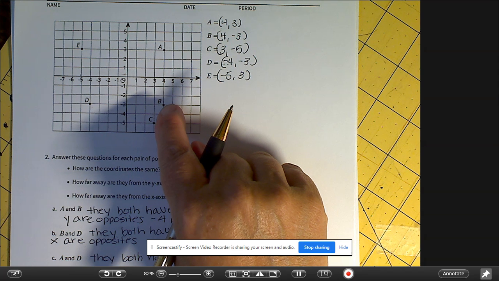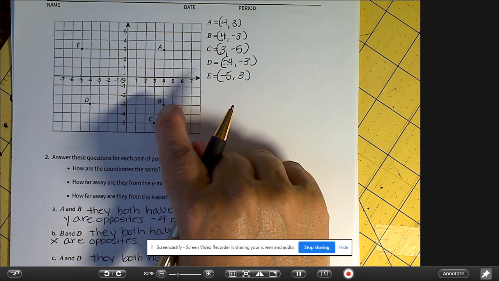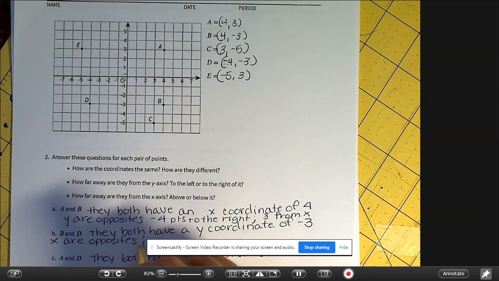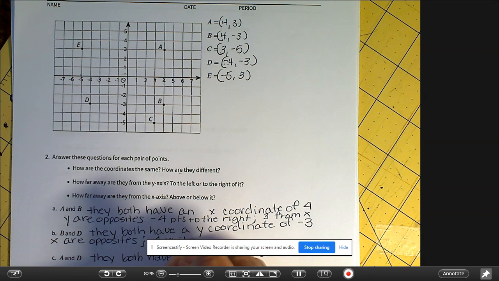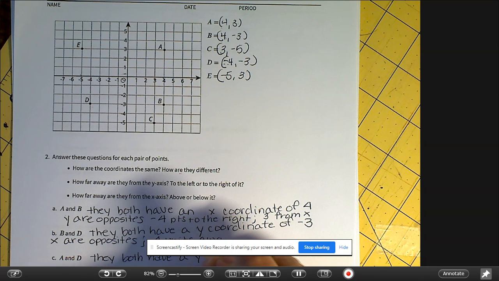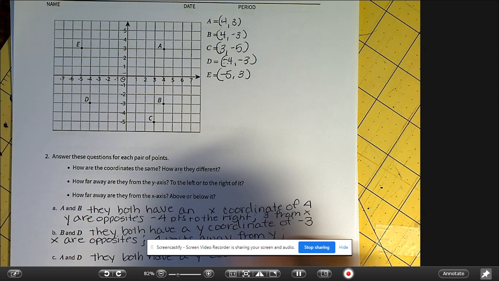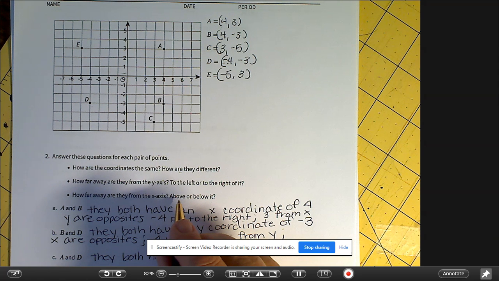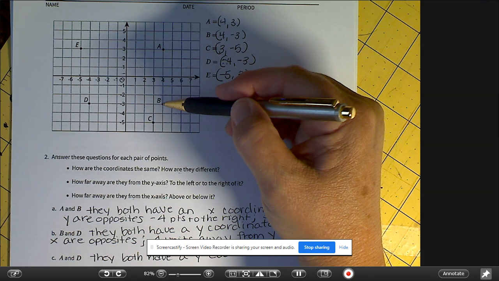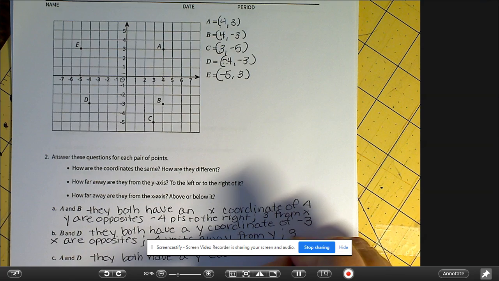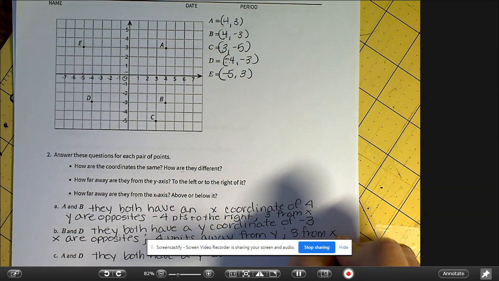They're both 4 units away. And how far away are they from the x-axis? They're both 3 units away.